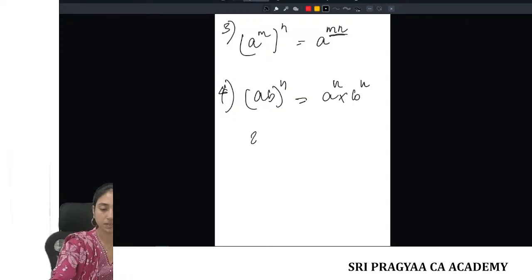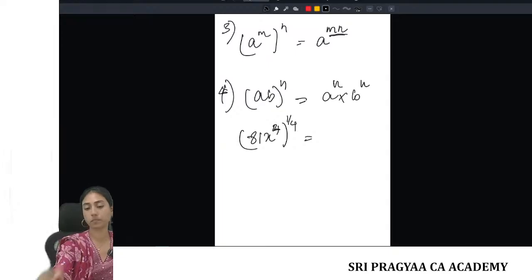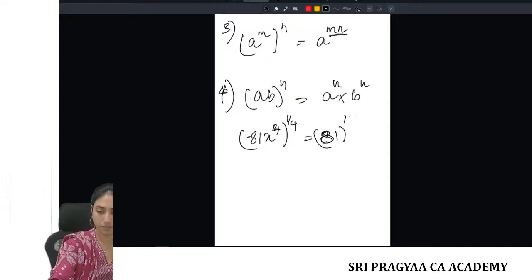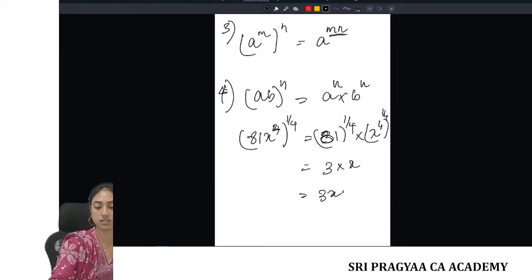So when 81 into 1 by 4, this will be 3, this will be x, which is 3x.